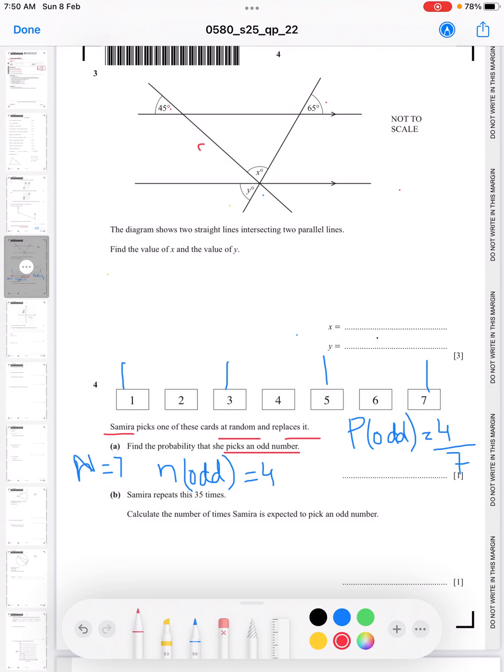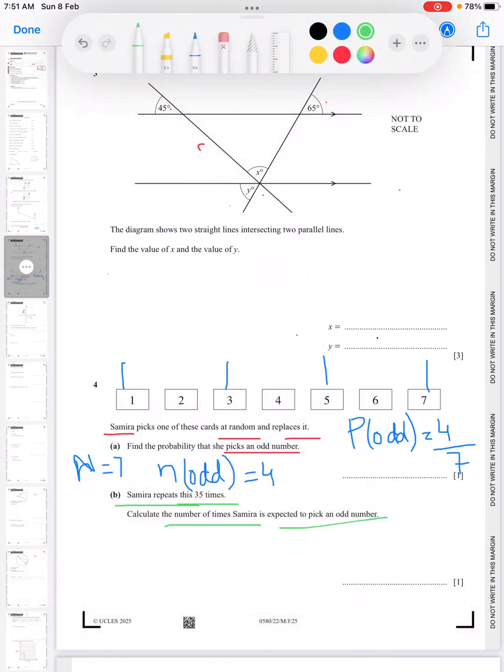Then the next part, Saima repeats this 35 times. Calculate the number of times Saima is expected to pick an odd number. So the selection is done 35 times.